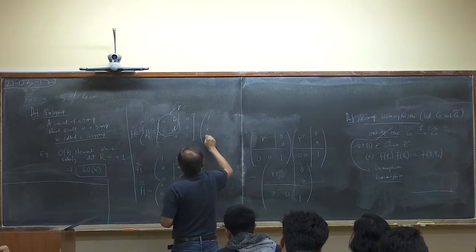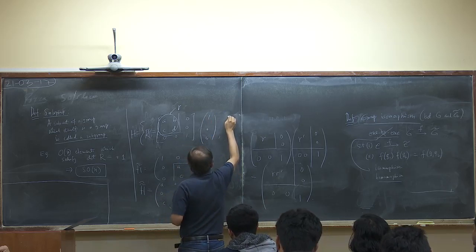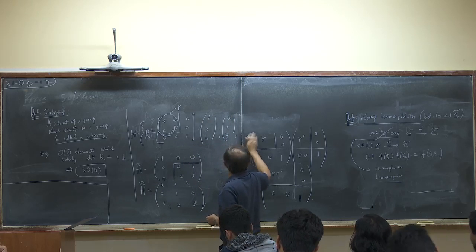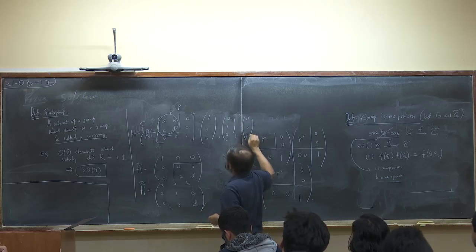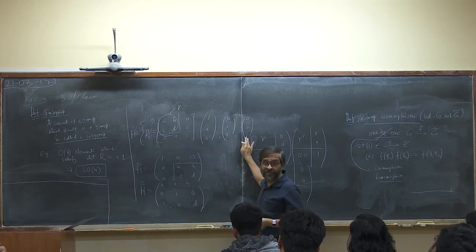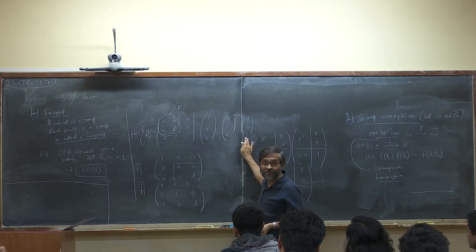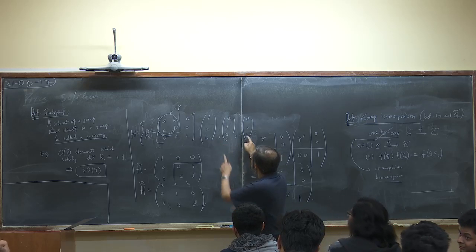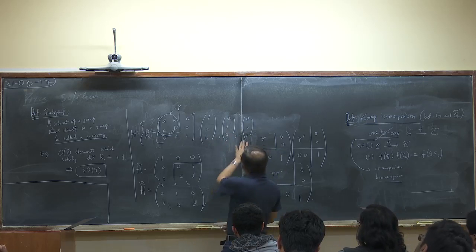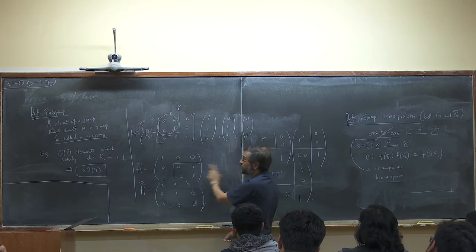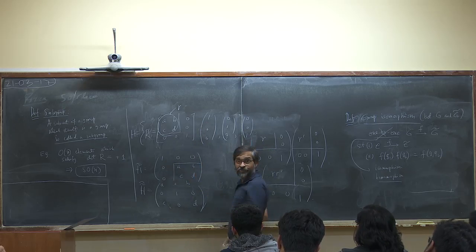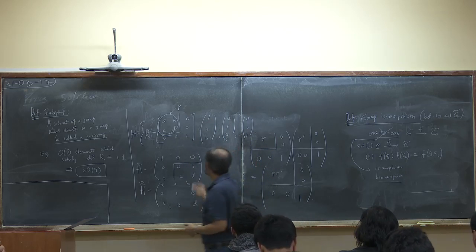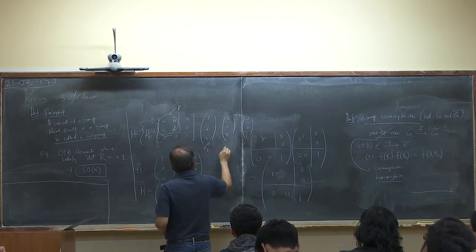This fellow acts on 1, 0, 0 and 0, 1, 0 non-trivially, and 0, 0, 1 trivially, in the sense that acting on 0, 0, 1 leaves it the same. Suppose you shuffle them in such a way that the invariant vector is now 1, 0, 0. I can always do that. So these are my basis vectors right now.